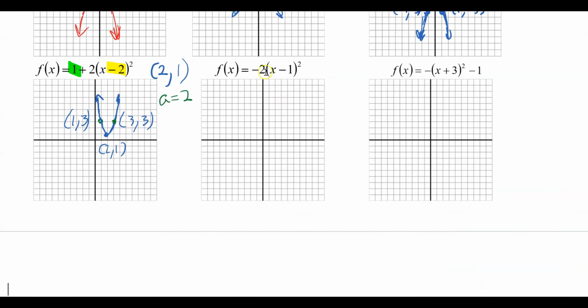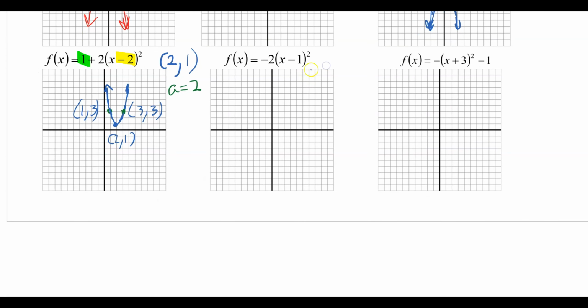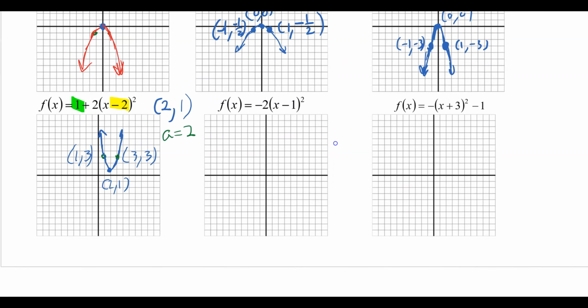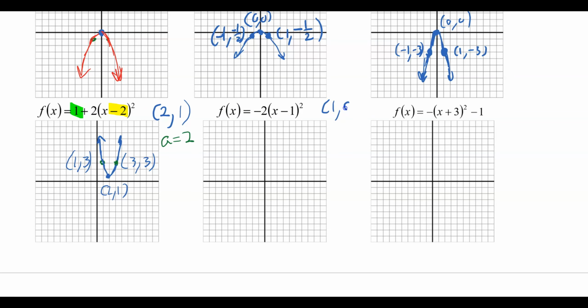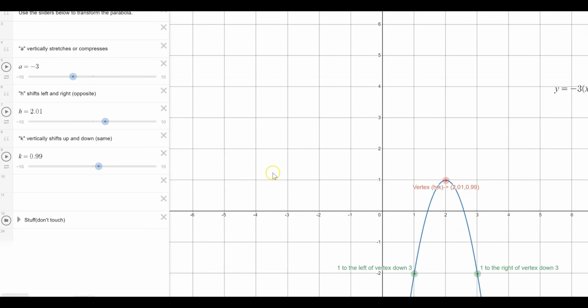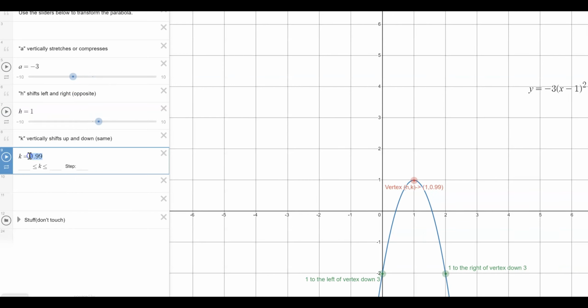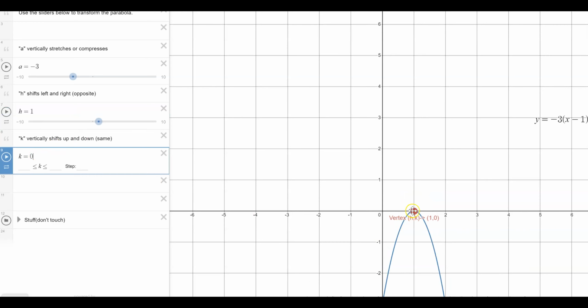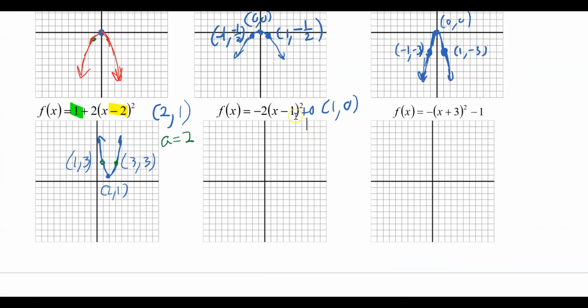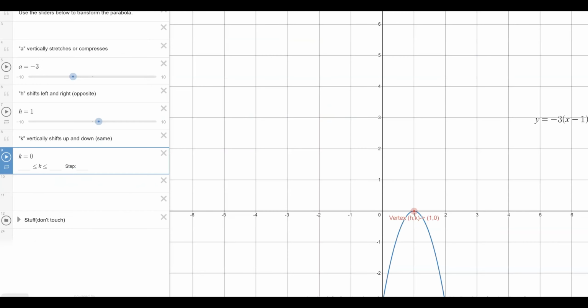All right. So the next one is a negative 2 and a negative 1. So that would become 1, 0 for our vertex, because we're not adding anything to our function. So our h would be 1. Our k would be 0. So right there's our vertex. Now we just need that a to tell us what we're doing, and it's a negative 2.